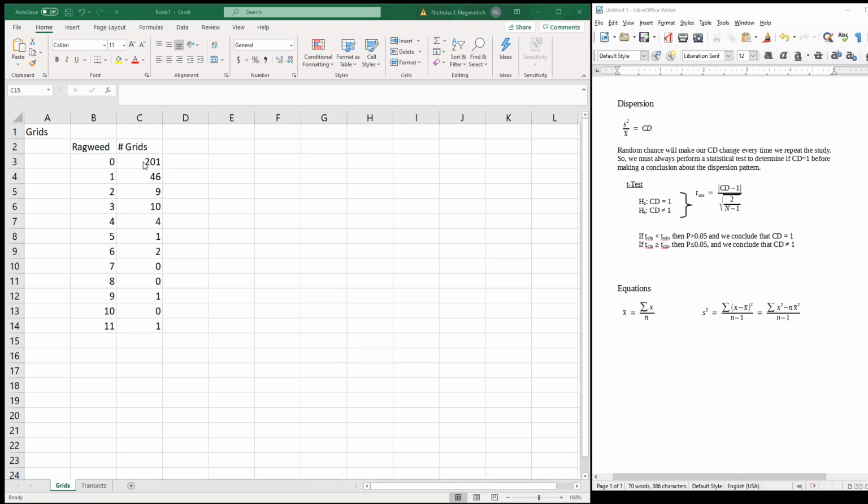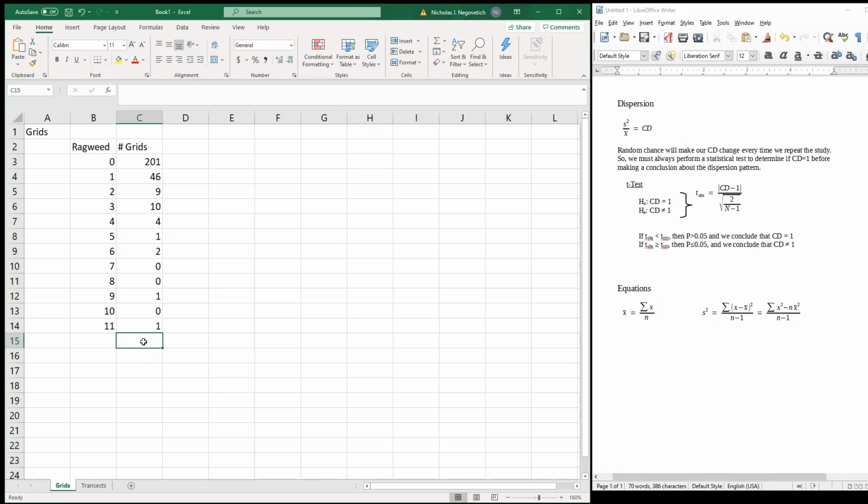Now we had 201 grids that had 0 ragweed, 46 grids that had 1 ragweed, 9 grids had 2 ragweed, 10 had 3 ragweed, 4 had 4, 1 grid had 5 ragweed, 2 grids had 6 ragweed. We had 0 grids that had 7, 8, and 10 ragweed. 1 grid had 9 ragweed, and 1 grid had 11 ragweed.